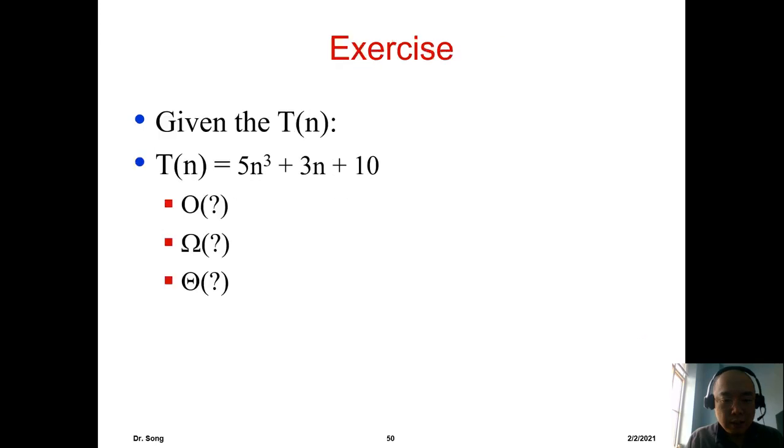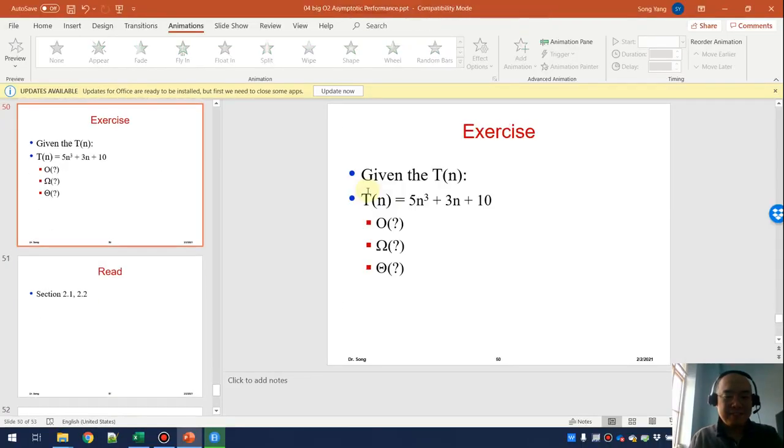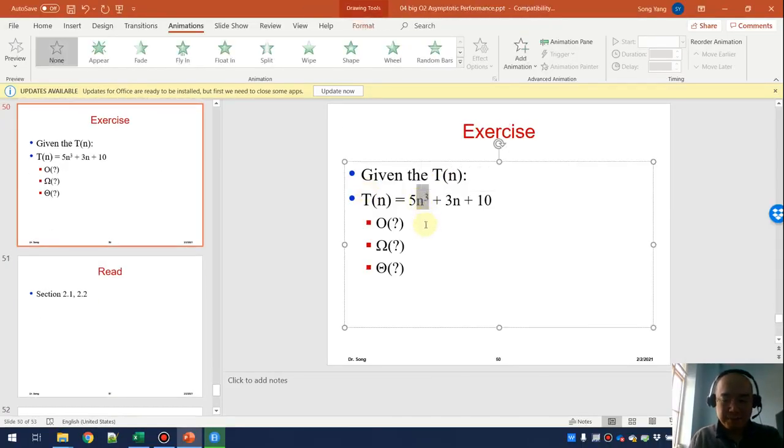So if we just apply this, and we say it is big O of n cubed, is that correct? Yes, it is correct. And if I want to give you some crazy case, big O of n cubed is definitely right.